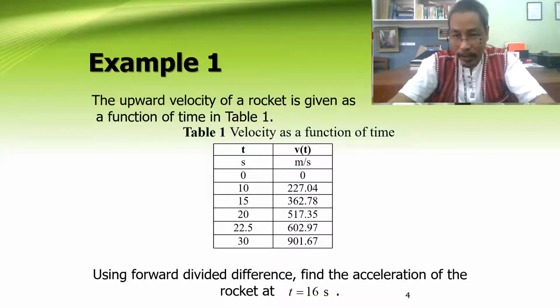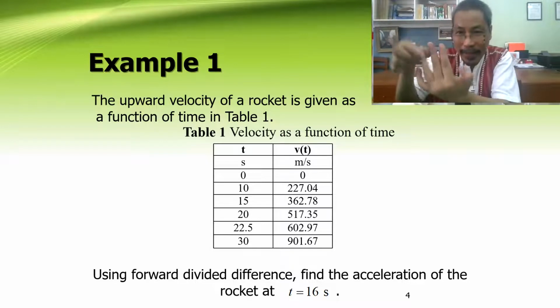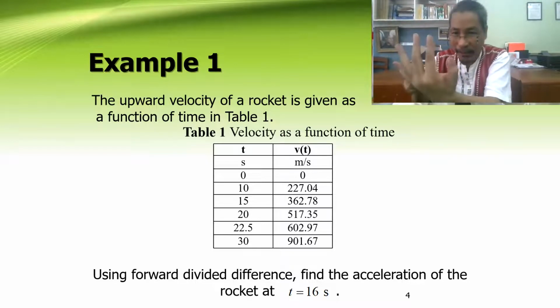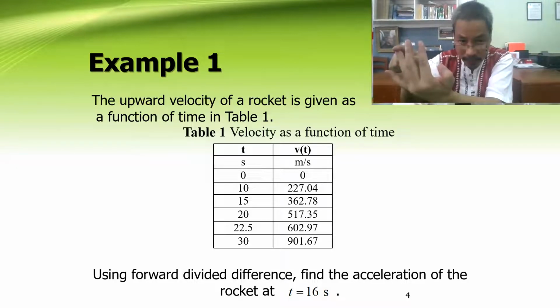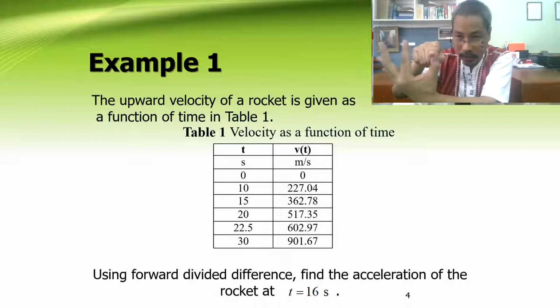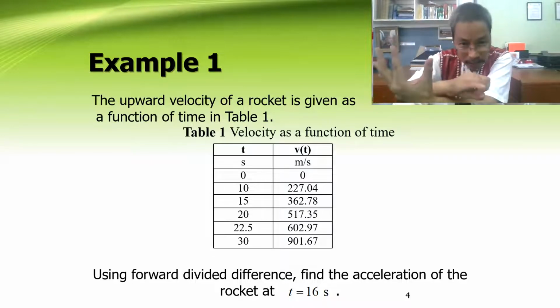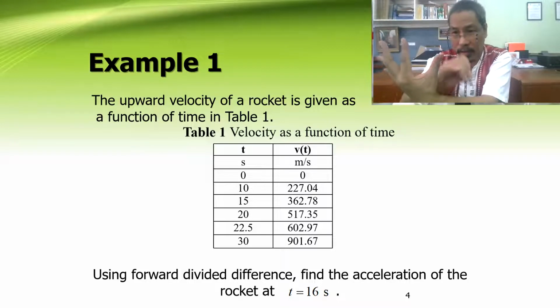Because there is no assigned value there. Take a look at the table: 0, 10 seconds, 15 seconds, 20 seconds, 22.5 seconds, and 30 seconds. So there are six values, and no values in between.